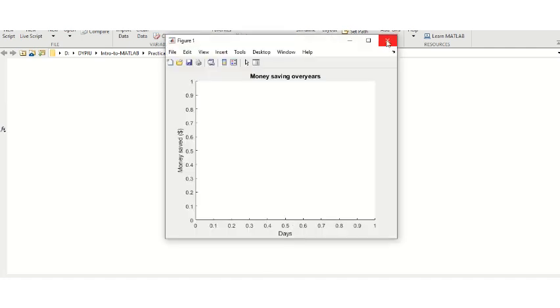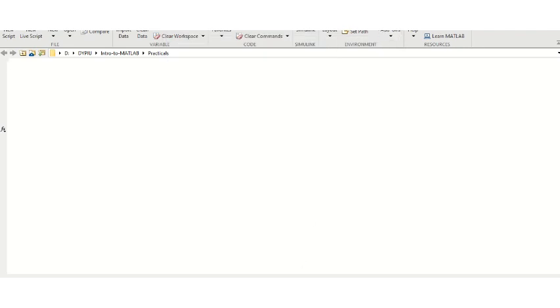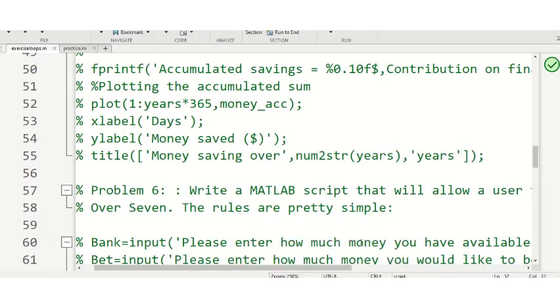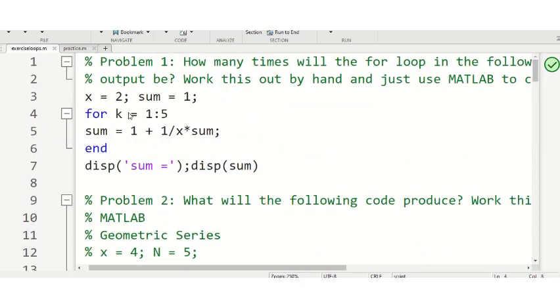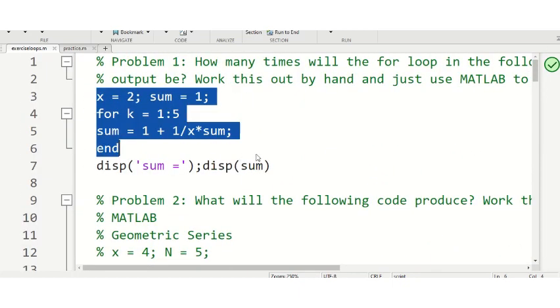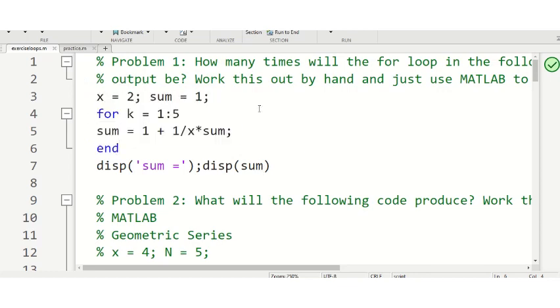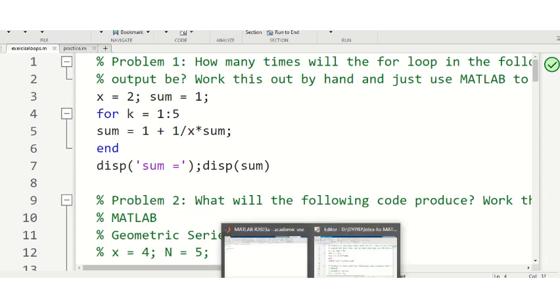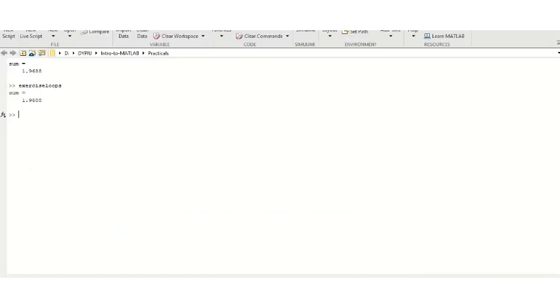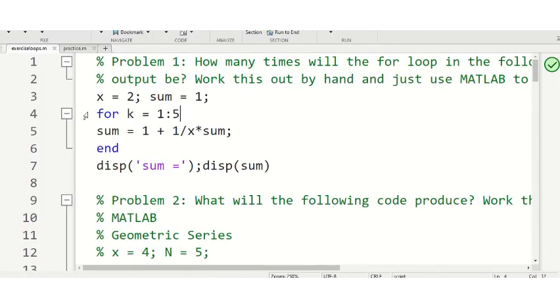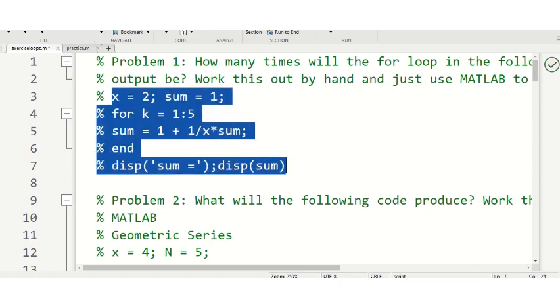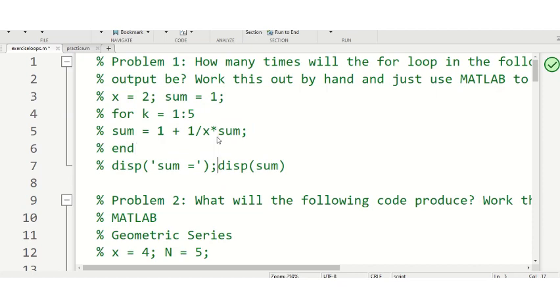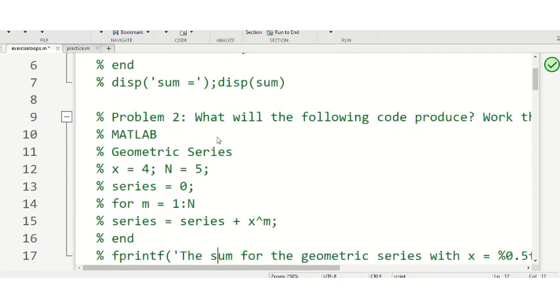For the very first one, we are getting 1 point. I am executing the first program. For problem 1, we are getting 1.9688. Then I am executing the second one, the geometric series.